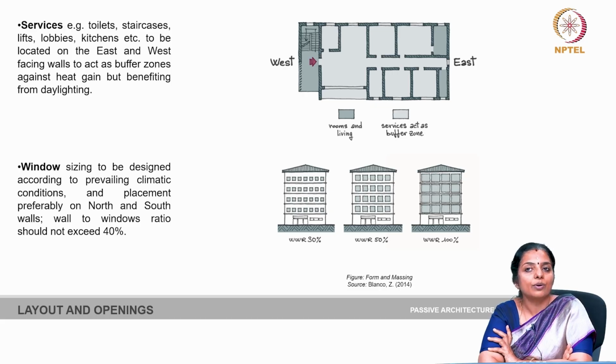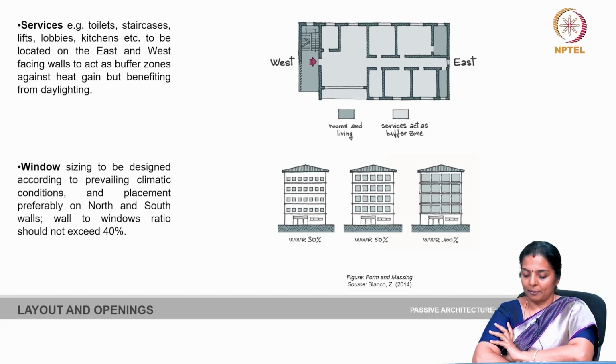This ratio ensures that the building envelope remains well insulated and doesn't compromise on energy performance. So, window sizing must be done with the consideration of prevailing climatic conditions, and the placement preferably on north and south wall should not exceed 40%, while on the west wall it should be as minimum as possible.